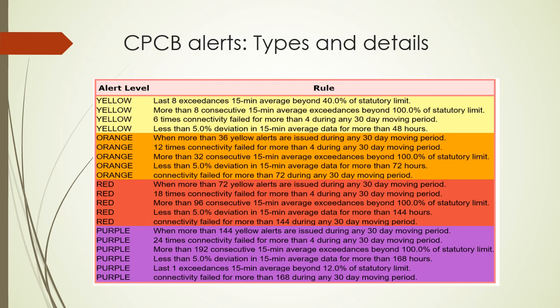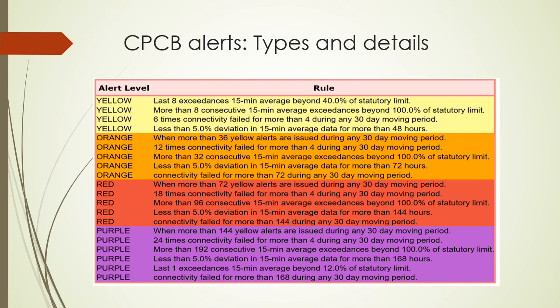Any organization will receive a yellow alert when these conditions are met. For example, any 8 exceedances of the 15-minute average beyond 40% of the statutory limit. Now, I'll quote an example. We know that the COD limit is 50 mg per liter. So, for example, the COD of my STP goes to 70, because 40% of 50 is 20, so 50 plus 20 is 70.